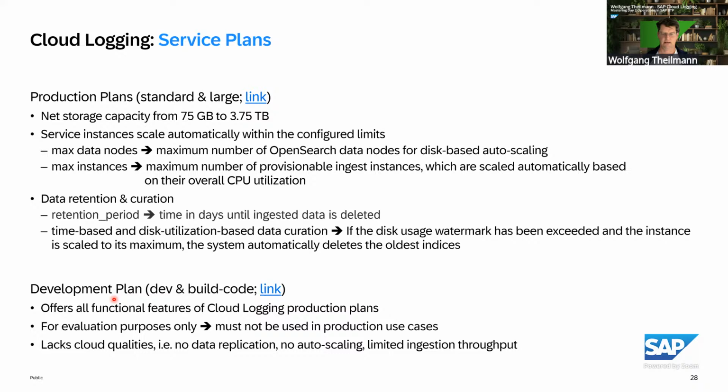It doesn't have any data replication, it has no auto-scaling, it doesn't react to changing ingest, it has very limited ingest throughput, it has no high availability. So it's really there to evaluate the functions, but not to use it in production. But it's way cheaper than the production plans, and that's why it has a right to be there.